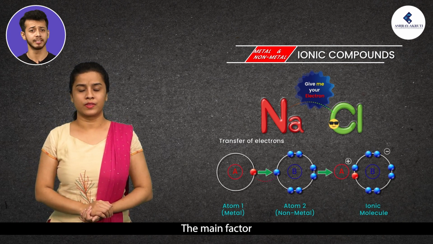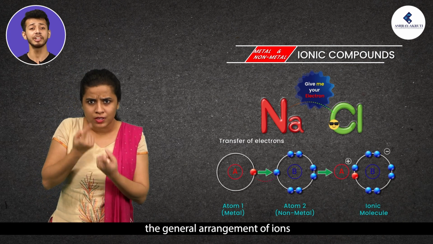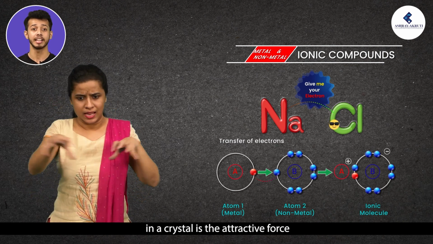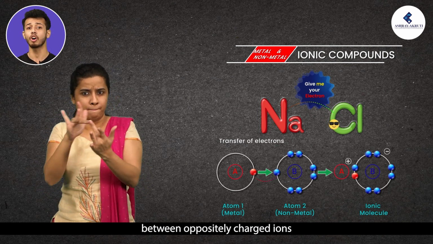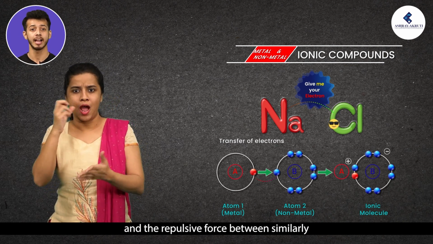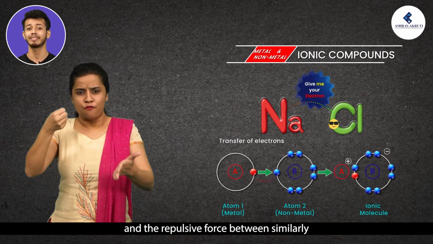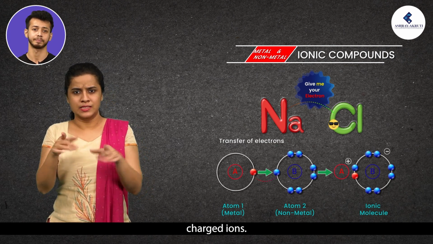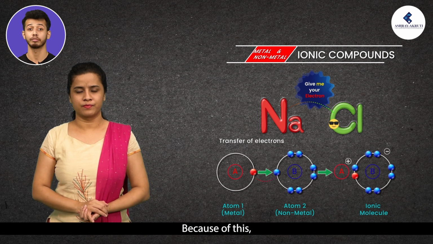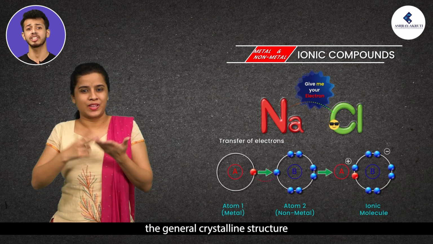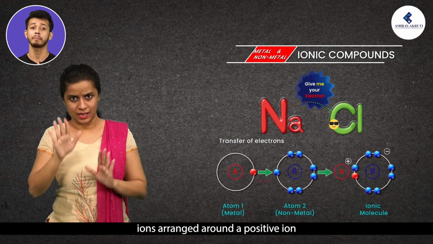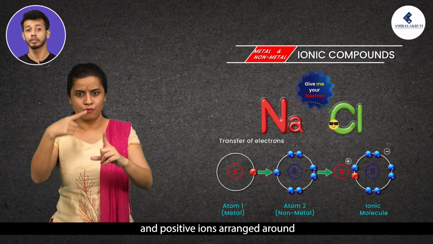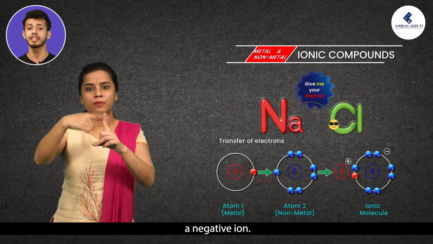The main factor that determines the general arrangement of ions in a crystal is the attractive force between oppositely charged ions and the repulsive force between similarly charged ions. Because of this, the general crystalline structure has negative ions arranged around a positive ion and positive ions arranged around a negative ion.